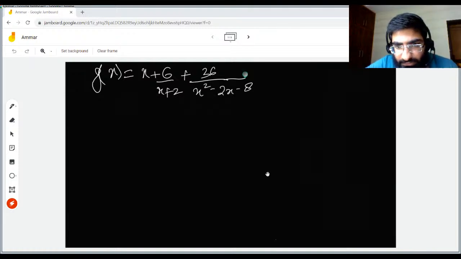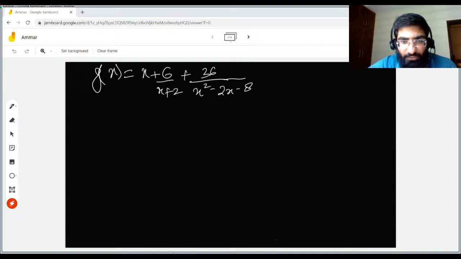Then the question says show that this, so I'll have to simplify the fractions. First of all, I'll have to convert it into the form that it says.